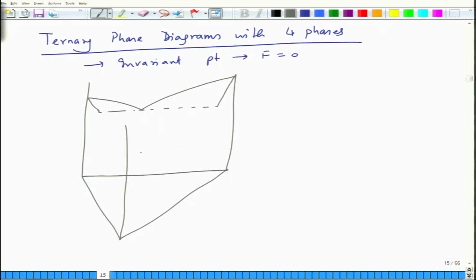Somewhere here you have a phase diagram. This will have another phase boundary. These are the two terminal points that you have, and in between you will have another phase boundary.